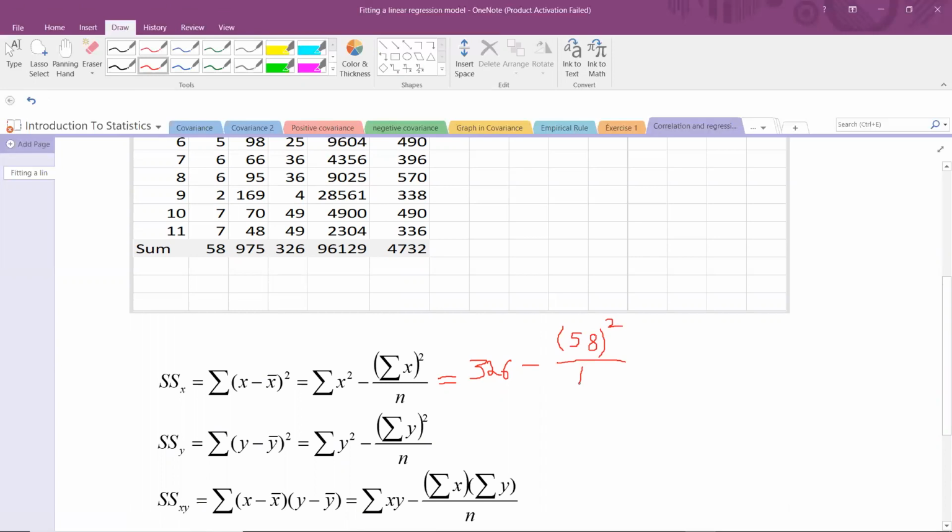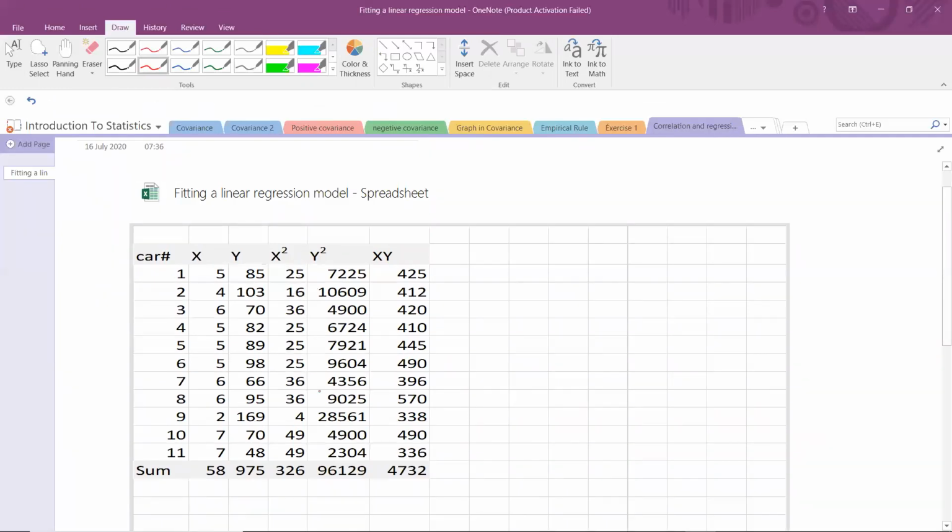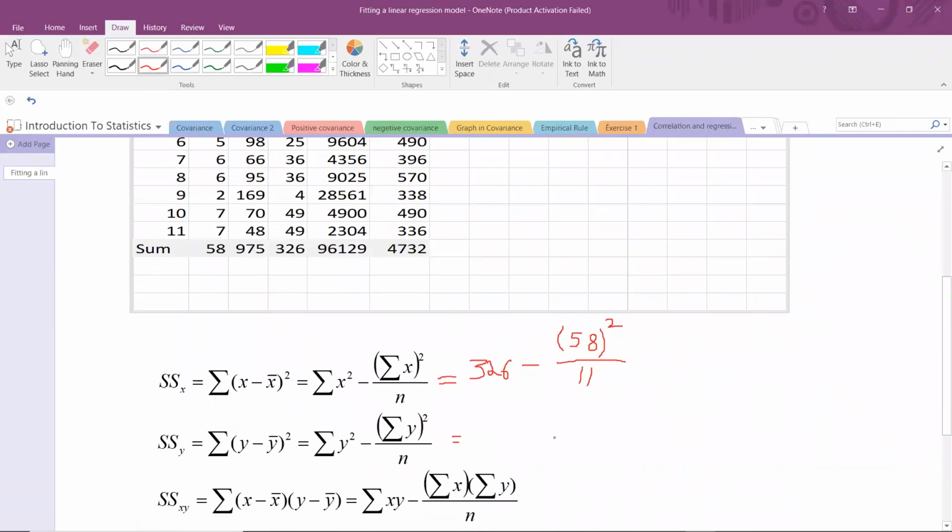N is 11 here. This is the summation of y square. The summation of y square is 96129, minus the summation of y whole square.